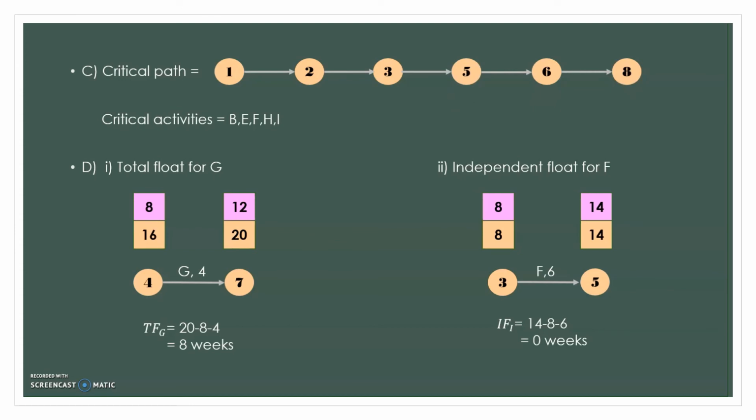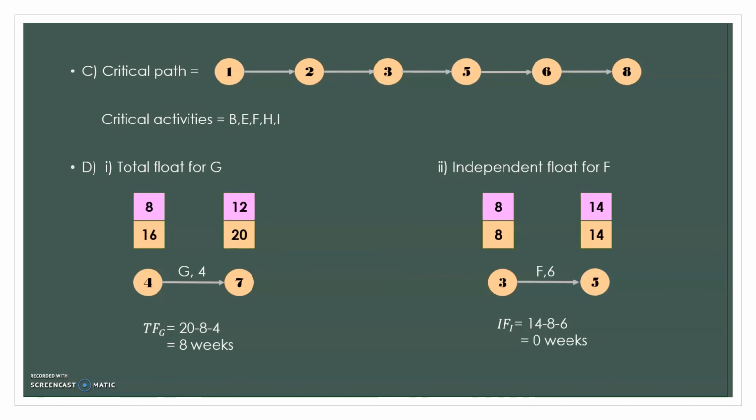Okay. Why does the path go from 3 to 5 instead of 3 to 4? This is because, when you see from the PERT diagram on question A, event 4 has different numbers for EET and LET.